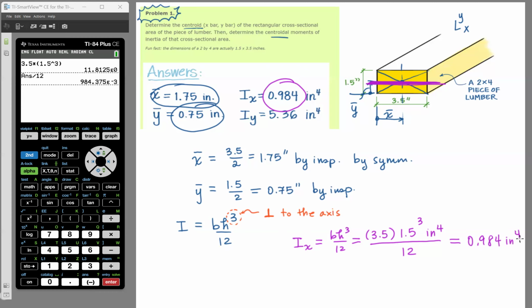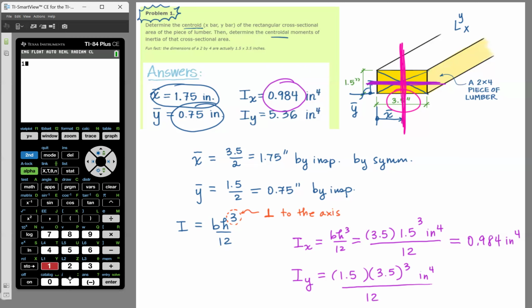Moving on to the last part, to solve for IY, the moment of inertia about the centroidal y-axis. So there's my centroidal y-axis. The one I want to cube is perpendicular to that line, so that would be 3.5. So 3.5 cubed times 1.5, inches to the fourth, all over 12.